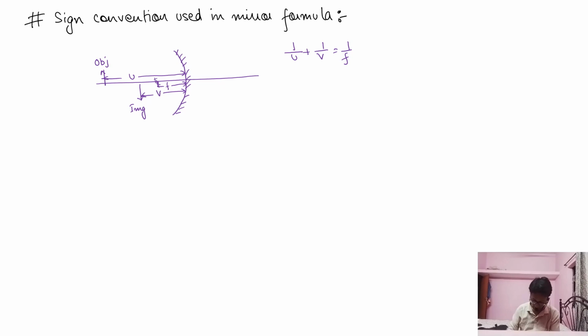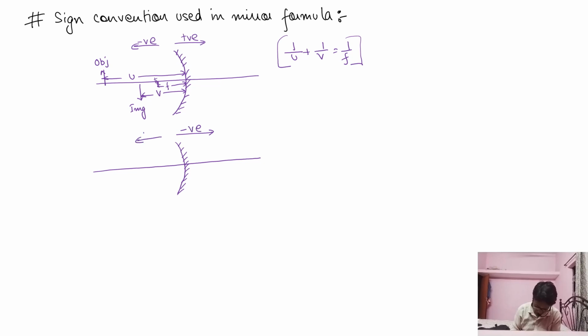Okay. Now sign convention means while using this formula, you have to take care of the sign. See, while dealing with sign in mirror coordinates, you can assign any direction. That means either this direction can be positive or this direction can be negative, or for the same diagram, you can apply this direction as negative and this direction as positive.